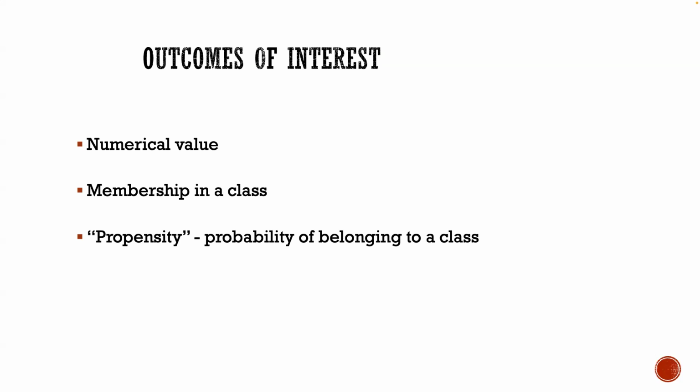Or the third one could be the propensity, which is the probability of something belonging to some class, whether a customer, employee, or product belonging to some class. These are the three typical types of outcomes that we will encounter in data mining models.